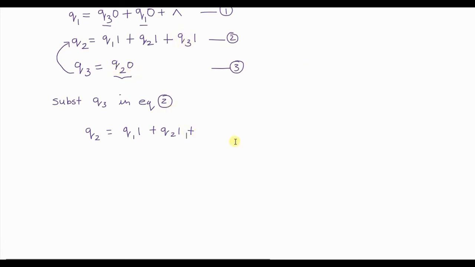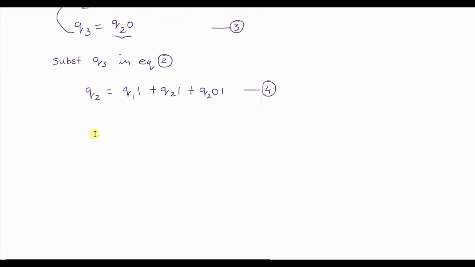So I am going to write Q2 0 here, and then this 1 which is remaining will be written here. So Q2 0 and 1. I will call this equation 4, and notice that this is the new value of Q2. This equation 4 is a new updation to equation Q2.